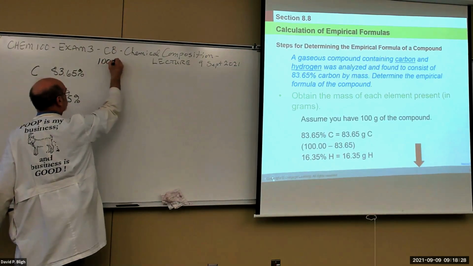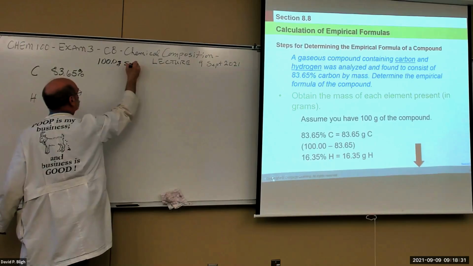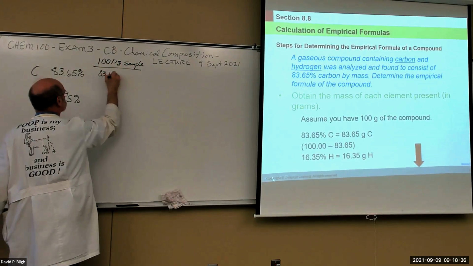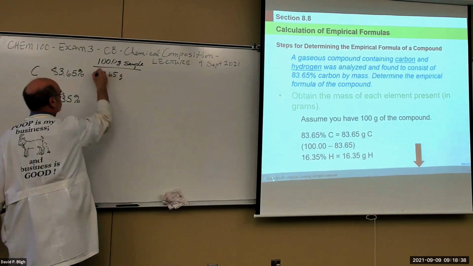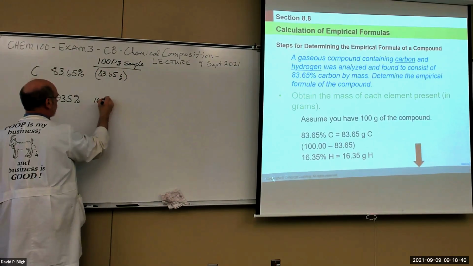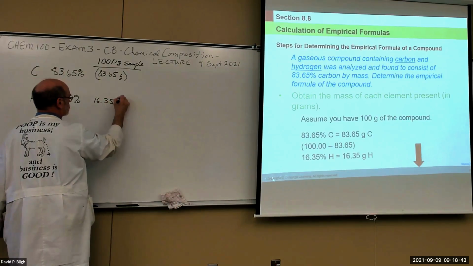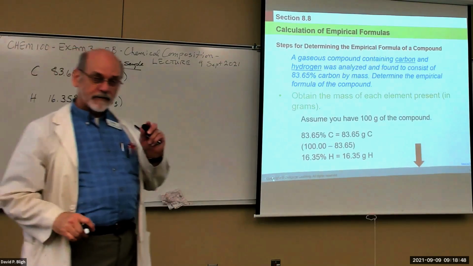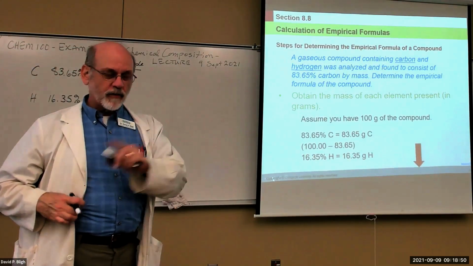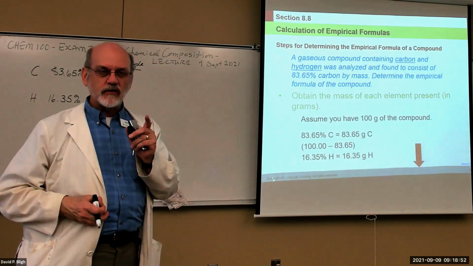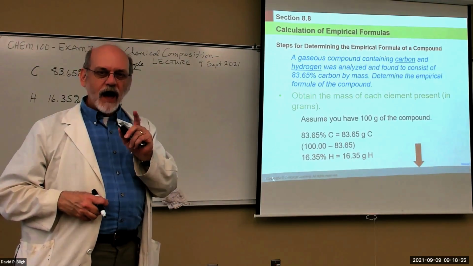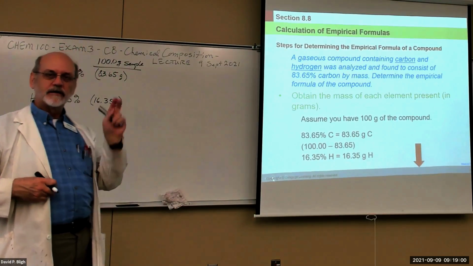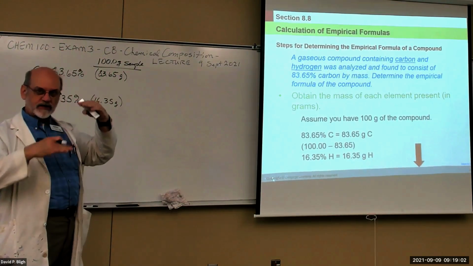for a 100 gram sample, we have 83.65 grams of carbon. And we have 16.35 grams of hydrogen. Now we can go somewhere. Because remember, the empirical formula and the molecular formula are ratios of atoms, not ratios of mass. We have to convert to moles of each to get the proper ratio.